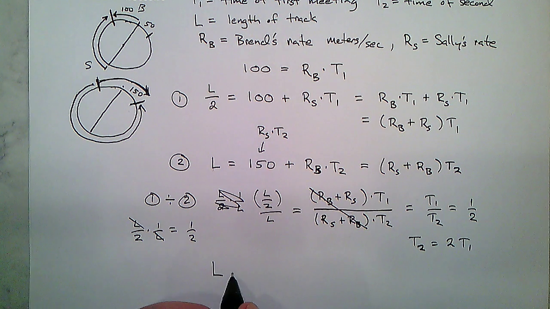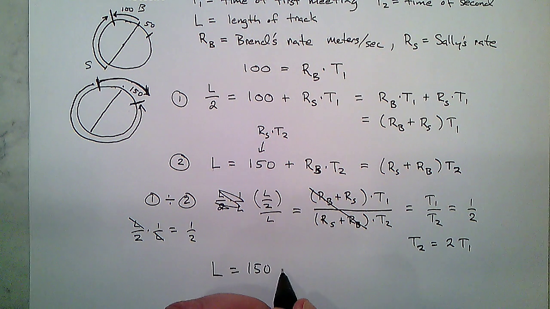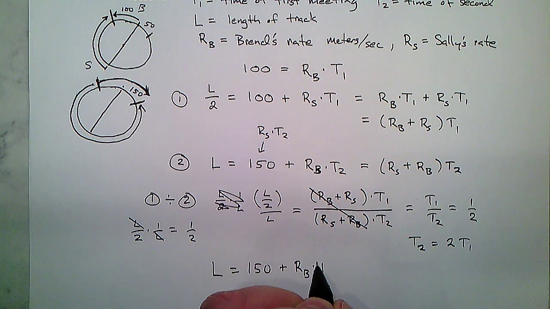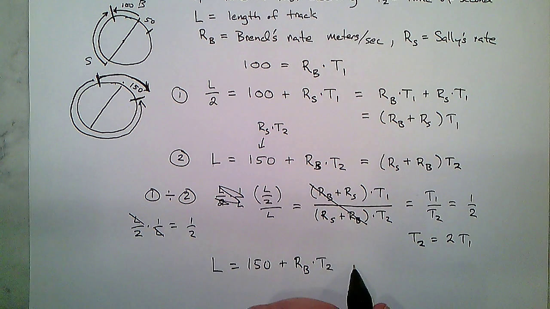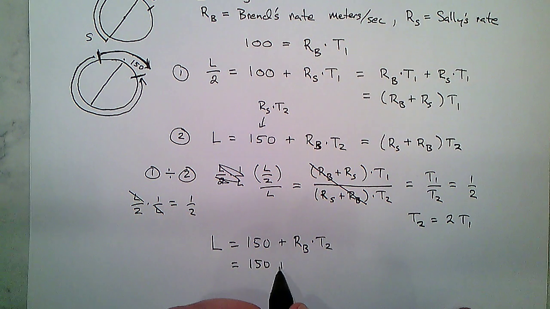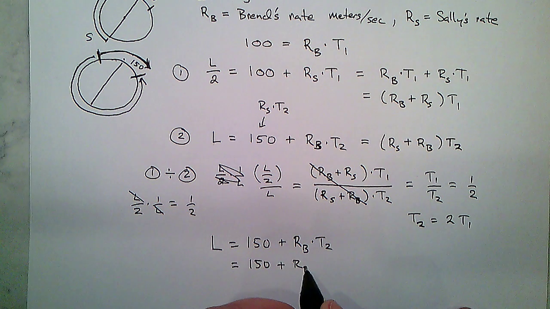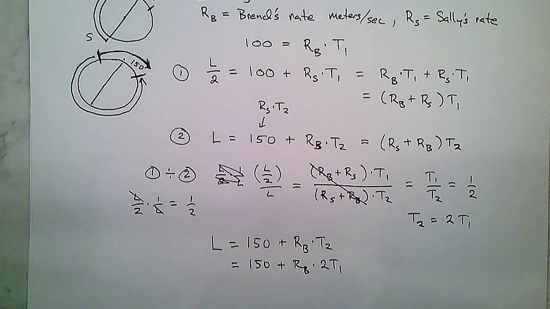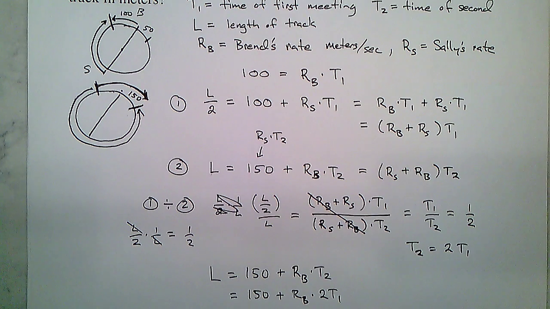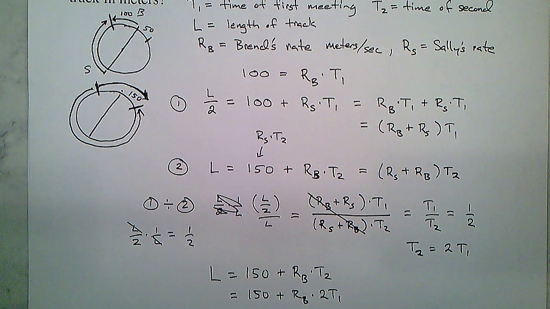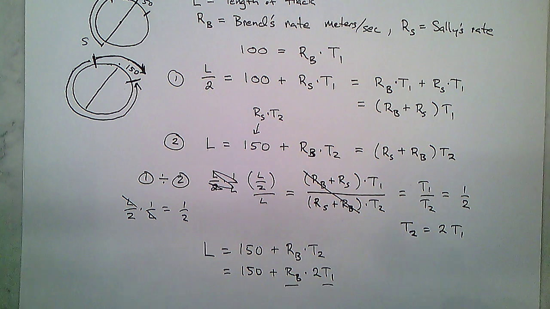So I've got that L equals 150 plus the rate of Brenda times T2, but now I know that T2 is 2T1, so it's the rate of Brenda times 2T1. But up here, the rate of Brenda times T1 was 100. So the rate of Brenda times T1 is 100.